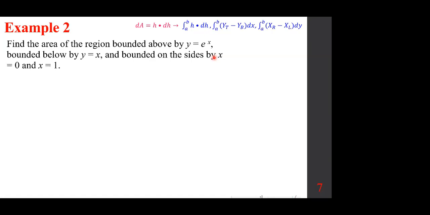So here's the graph. This is the function y equals e to the power of x, continues indefinitely. This is the line y equals x. As you can see, the upper boundary is y equals e to the power of x, and the lower boundary is the line y equals x.